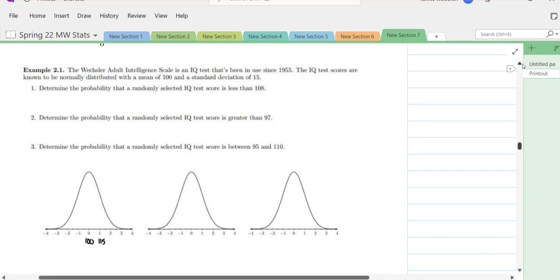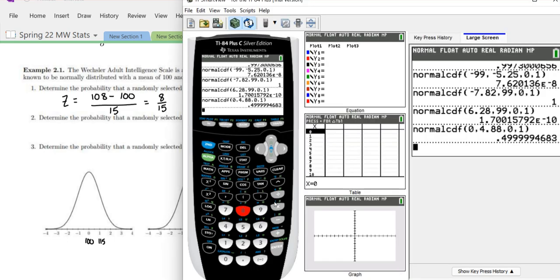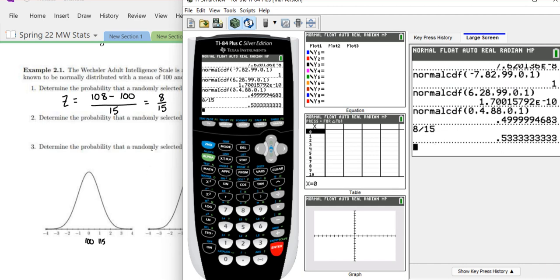So you're going to use the formula, z equals x minus the mean. In this case, x is going to be 108, the mean is 100, and then we divide by the standard deviation, which is 15. That gives us 8 over 15, which is 0.5333.